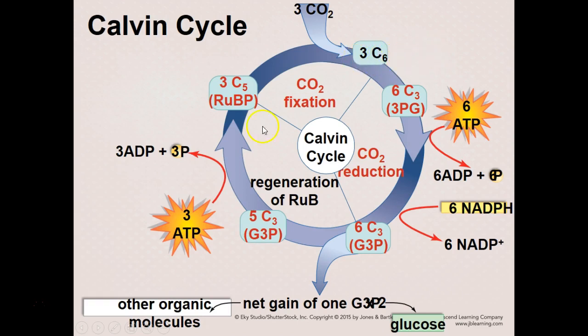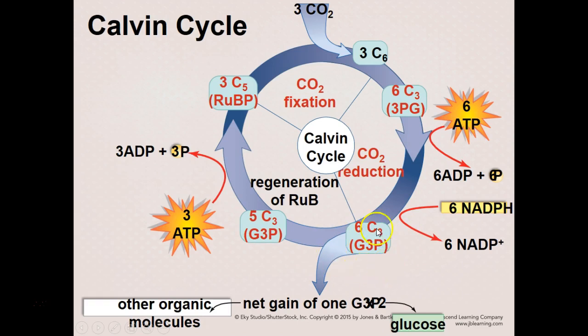This becomes a 6-carbon molecule, which is unstable, and immediately breaks down into 2 3-carbon phosphoglycerates. Phosphoglycerate is then converted through reduction to glyceraldehyde 3-phosphates. So for every 3 that come in, we produce 3 glyceraldehyde 3-phosphates.